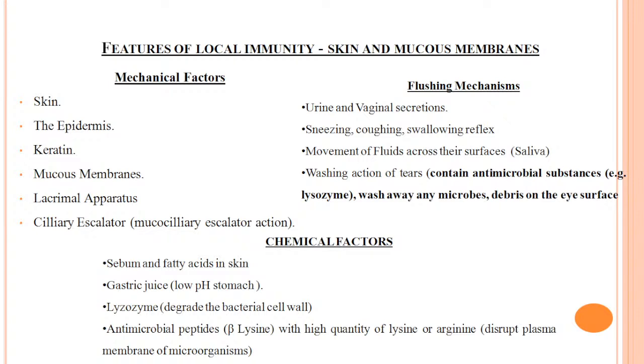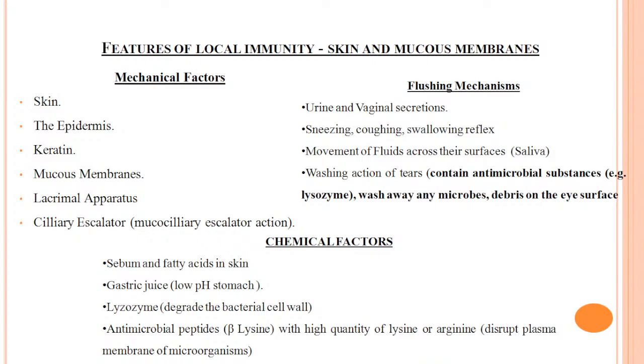It acts by three mechanisms. The first one is mechanical factors. The second one is flushing mechanisms of mucosal membrane, for example. And the third one is chemical factors. All these factors take part in protection of the person.